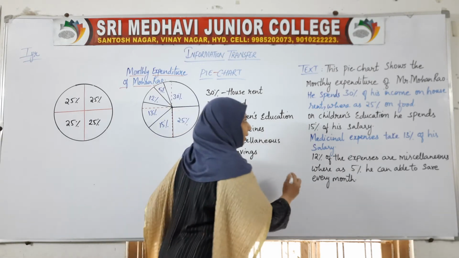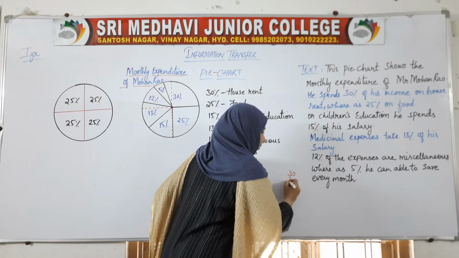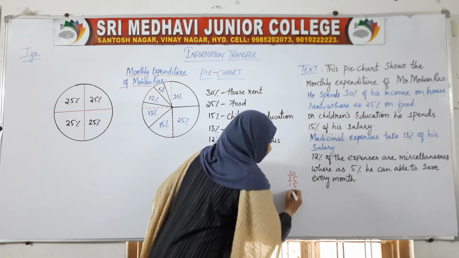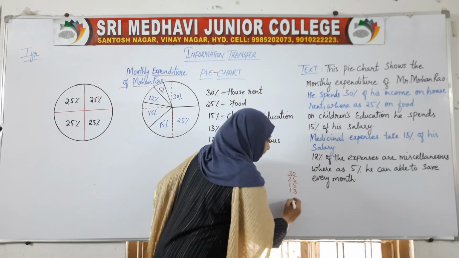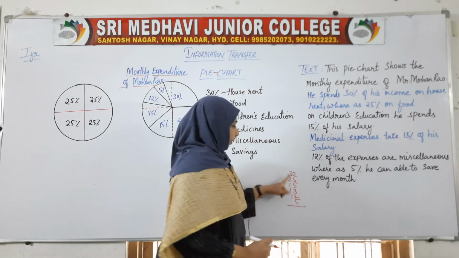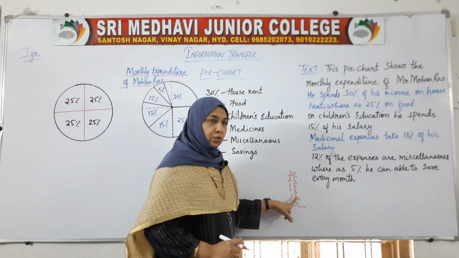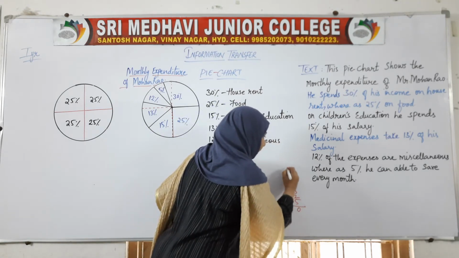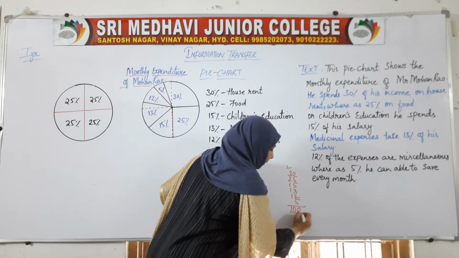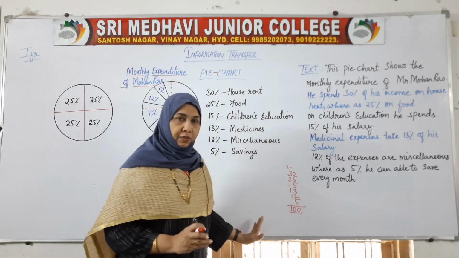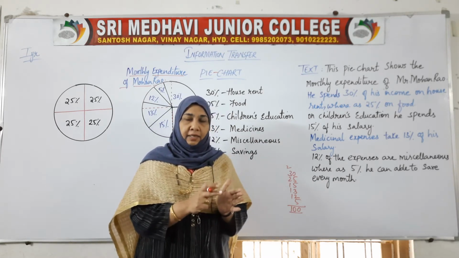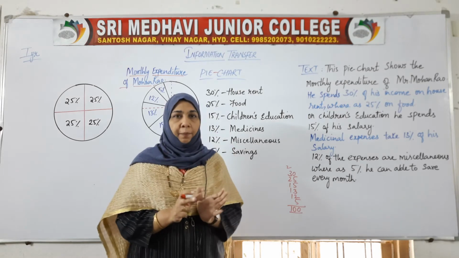Now you can write down 30, 25, then 15, then 13, then 12, then 5. Adding these, it's 100. Overall 100%.